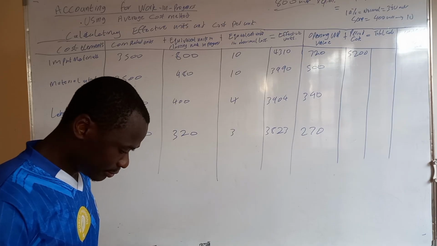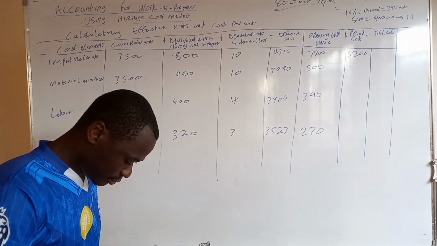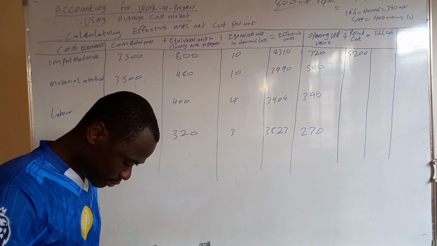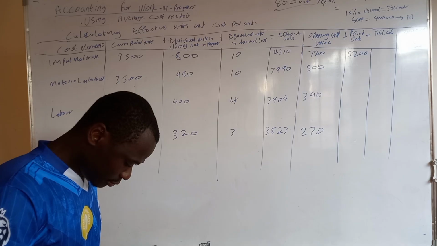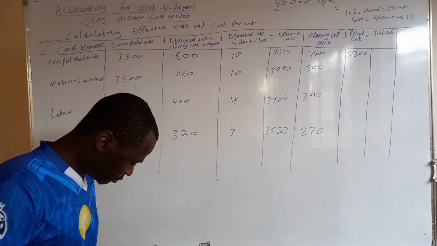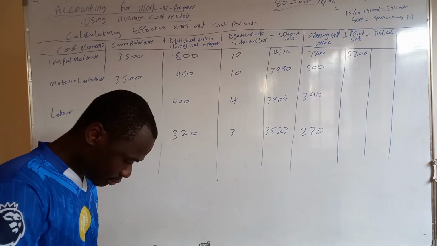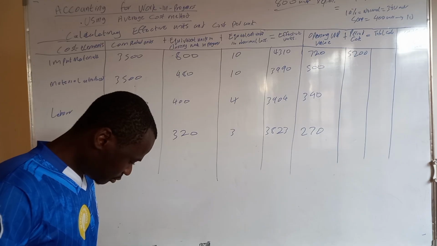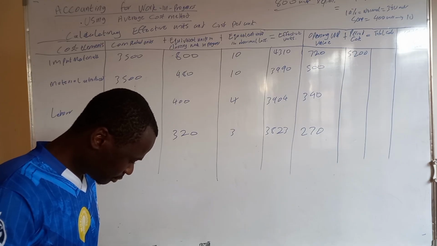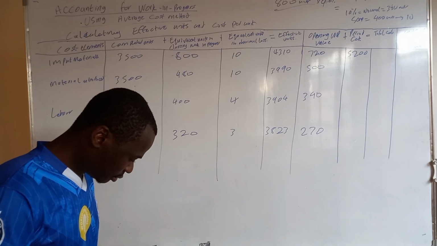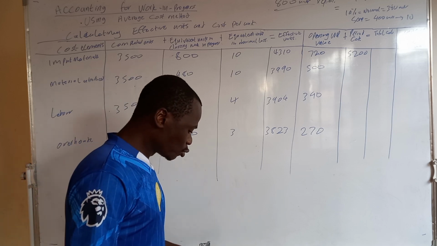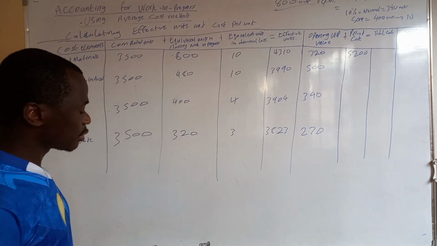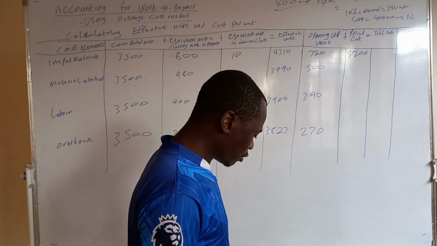That is the normal loss. Now, we want to find out what was produced, okay? We were told it is 10% of total production.